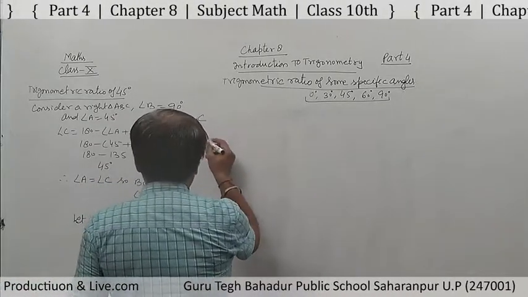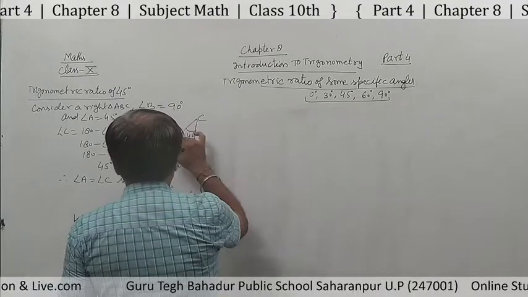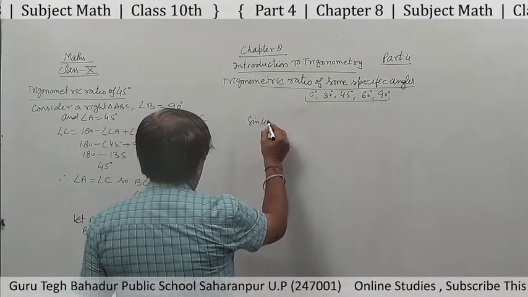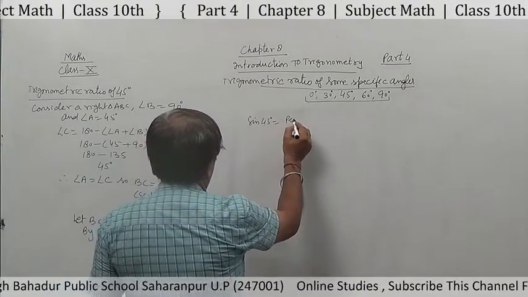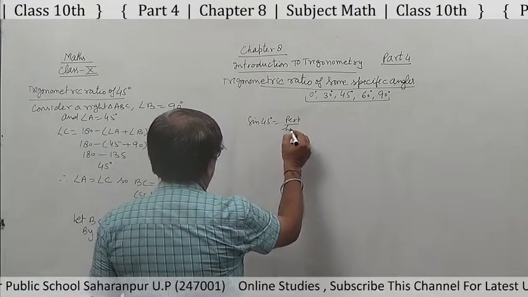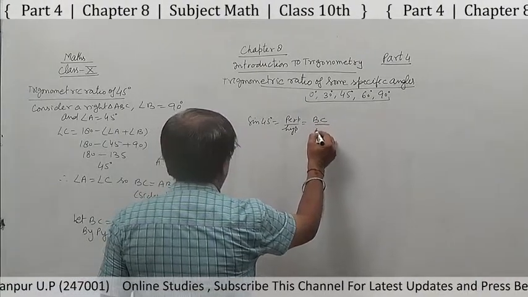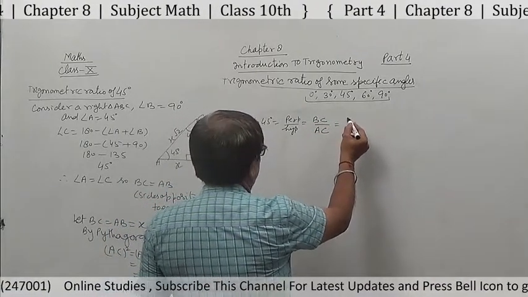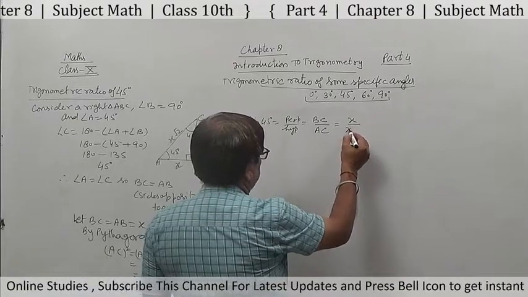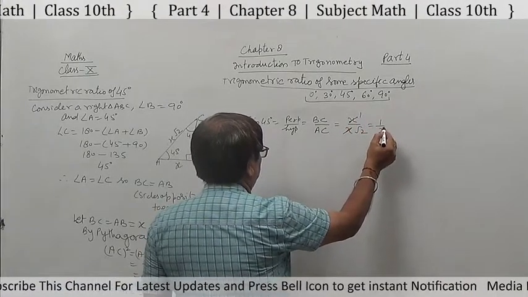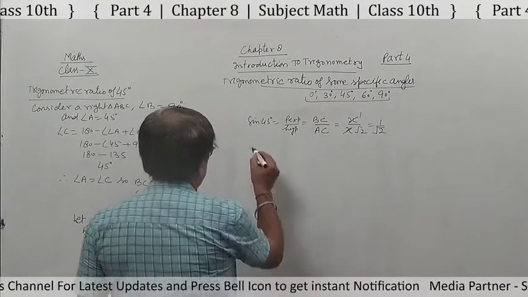Sine 45 is perpendicular upon hypotenuse. Perpendicular is BC, hypotenuse is AC. So x upon x root 2. This cancels, 1 upon root 2.